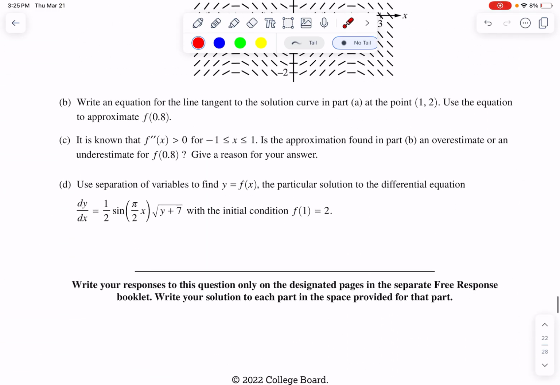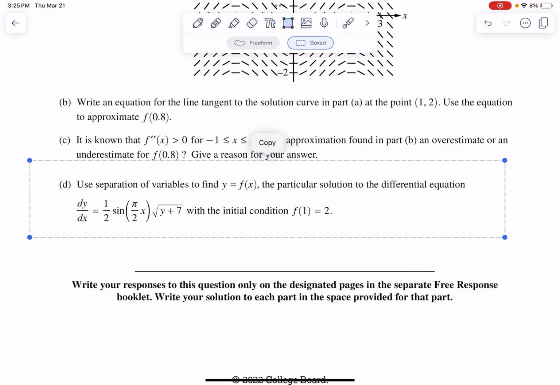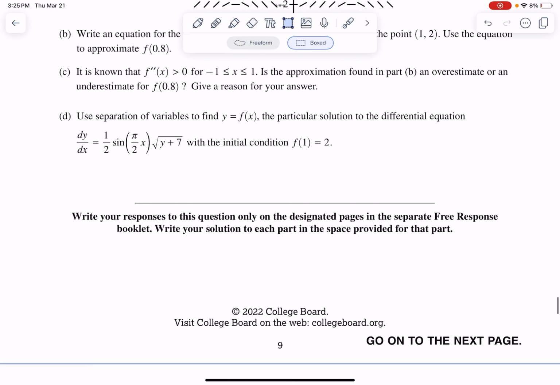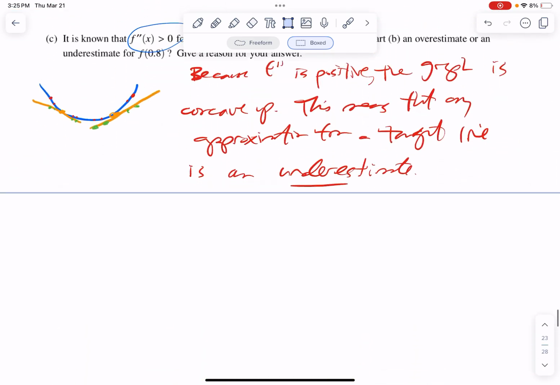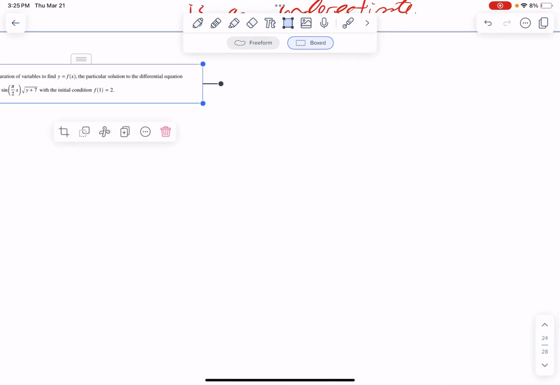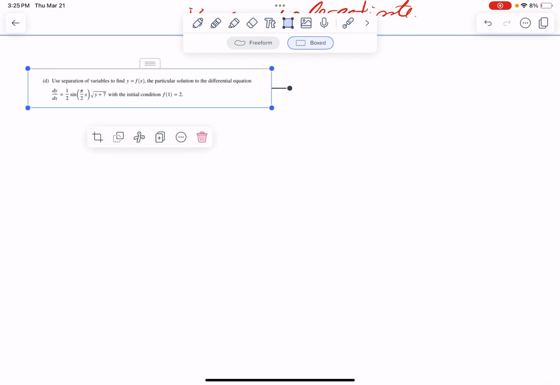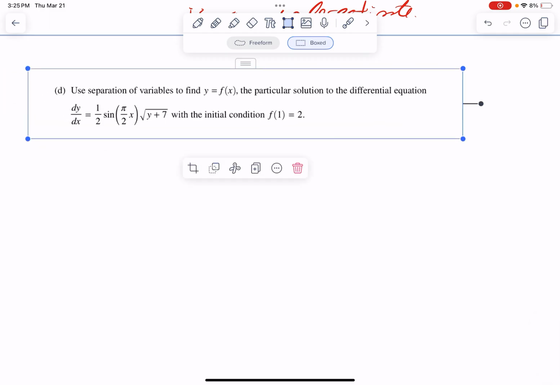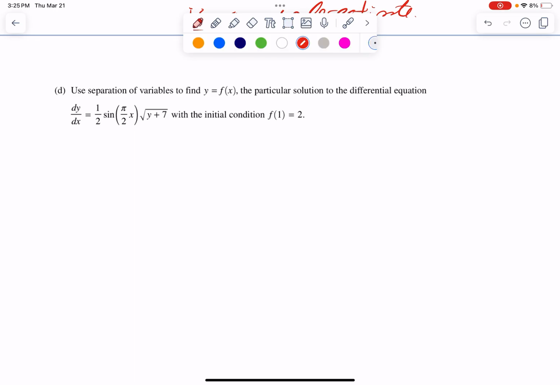Now, finally, for part D, we are told to use separation of variables to solve this differential equation and figure out what f is. This one will not be easy, but it is doable. Just slow down and do every step correctly. So I have dy over dx equals 1/2 sine pi over 2x times root y plus 7.